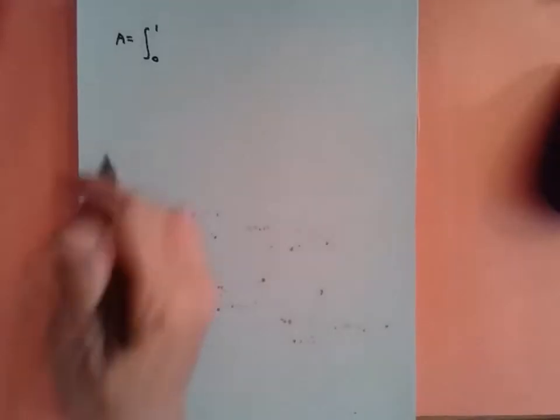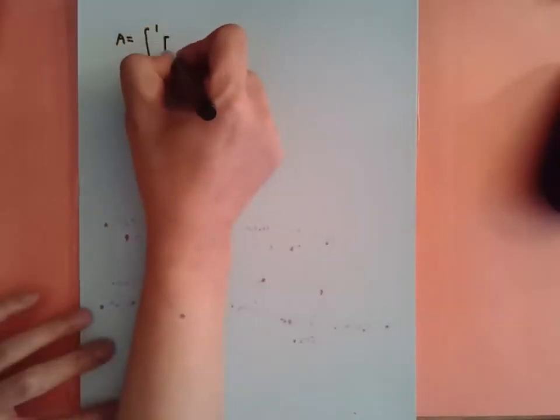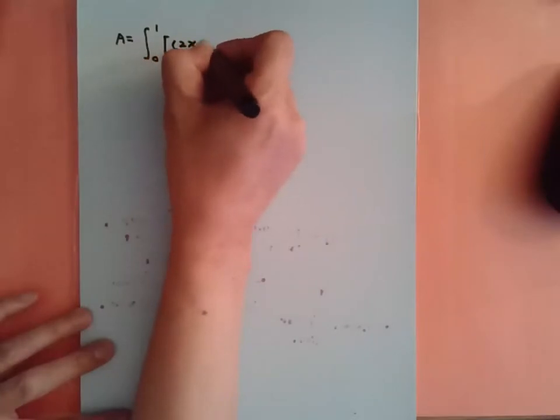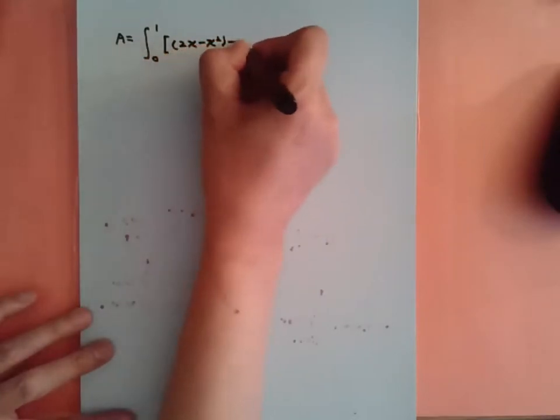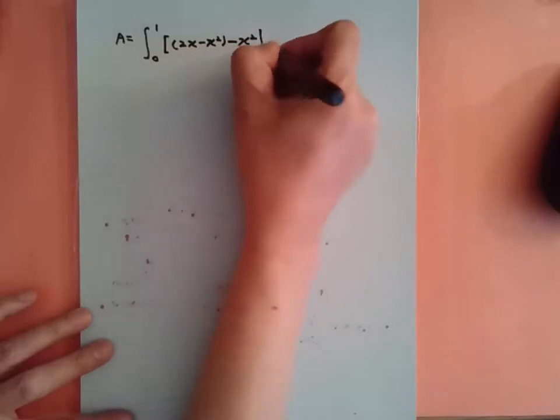Let's do it. So 2x minus x squared minus x squared dx.